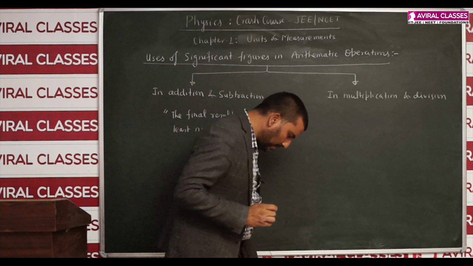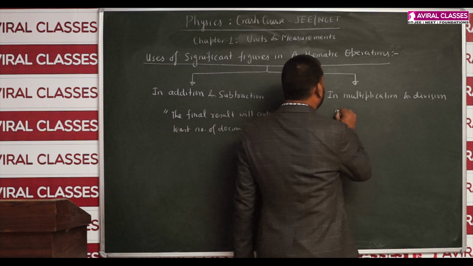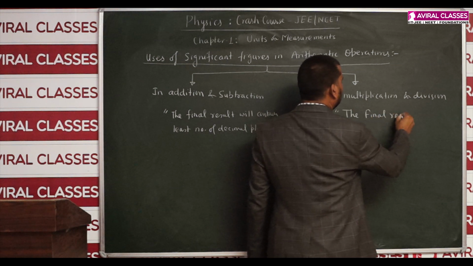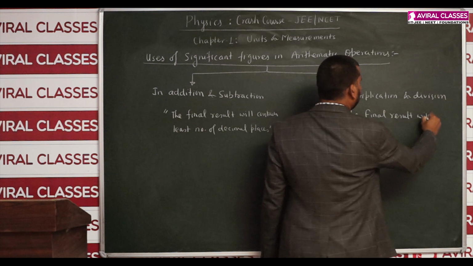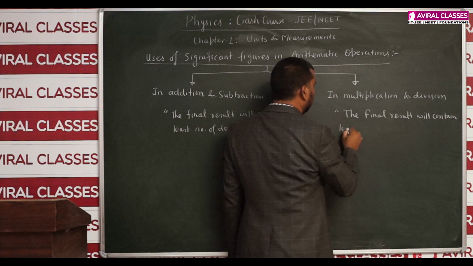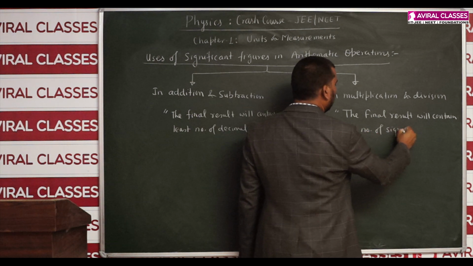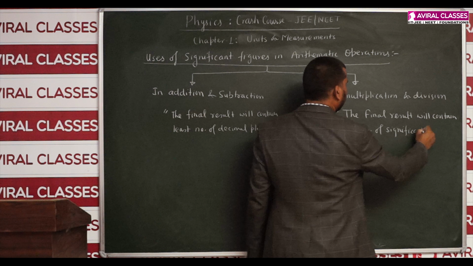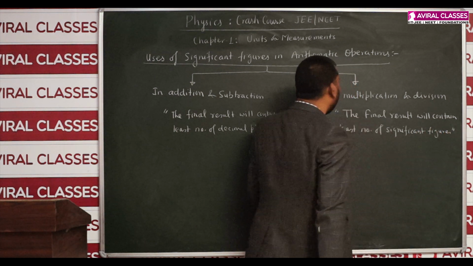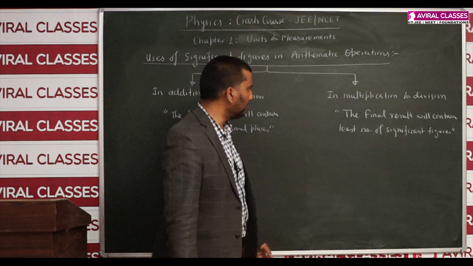In multiplication and division, the final result will contain the least number of significant figures. The same rule is applicable in the quotient also.